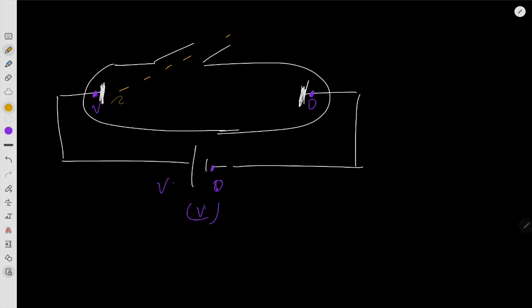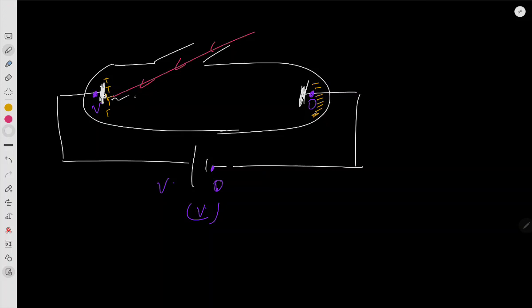So over here there's an increase in the negative charge, and so the quantity of minus charge would increase, and over here the plus charge would increase. So now the electrons that are coming from here, what would happen to them?